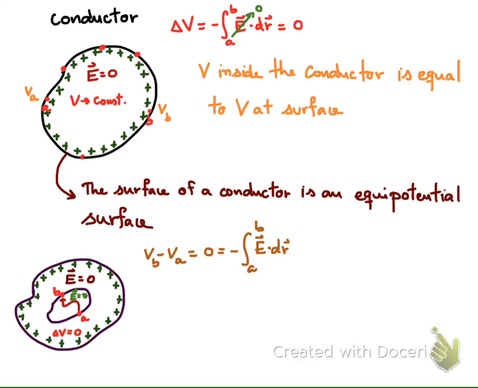This is very useful. We can use this as an electric shield. It means that if we have a conductor and we make a hollow inside, and we put anything inside this hollow, we put that thing in a region that has no electric field.